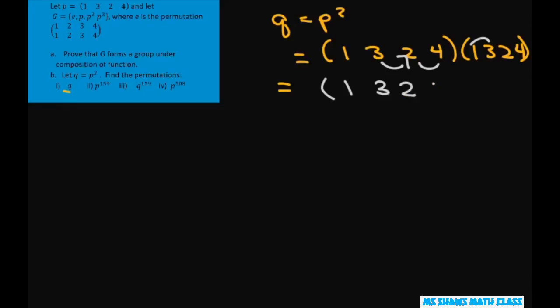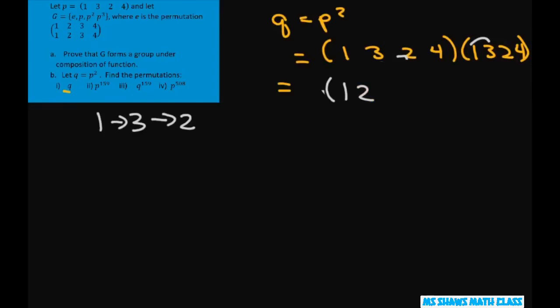Let me redo this. 1 maps to 3, and 3 maps to 2. So this is (1 2).